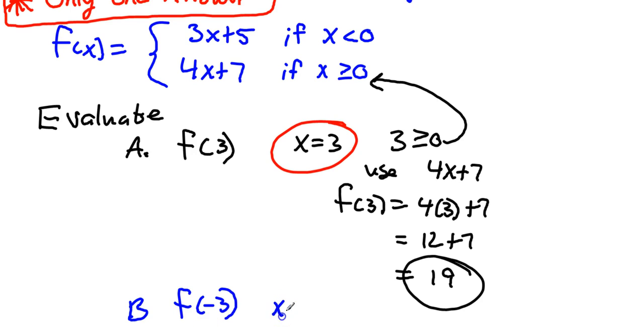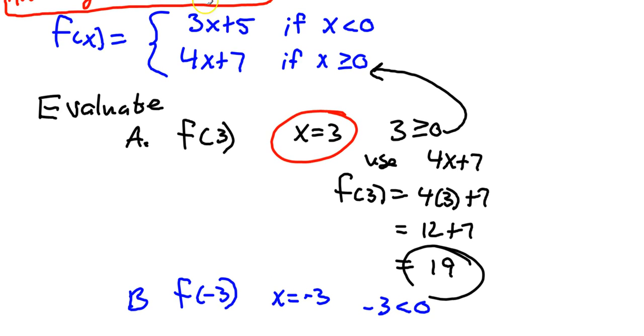Okay, so for that one, we're using x equals negative 3. And negative 3 is definitely less than 0.